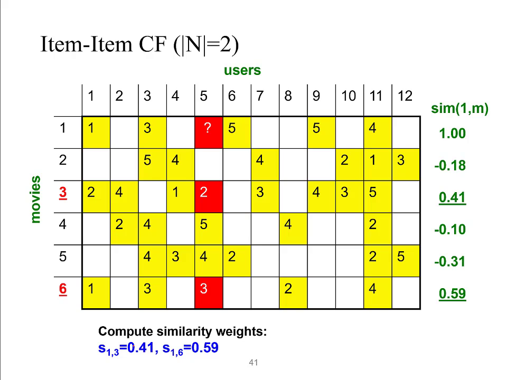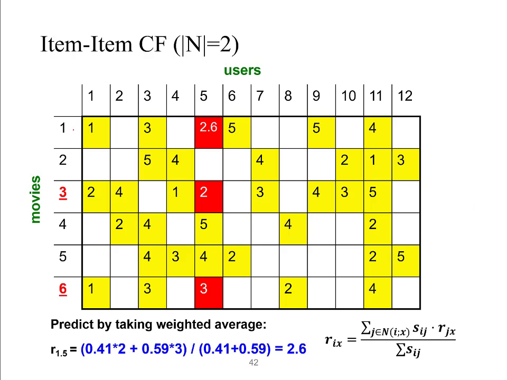So given the similarity between movie 1 and 3 is 0.41 and 0.59 for similarity between 1 and 6, we can compute the value here, where we use the function that has been introduced before.